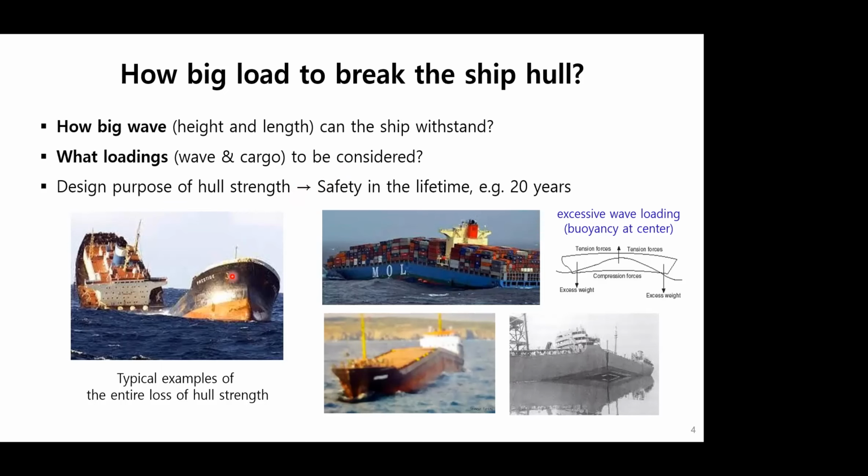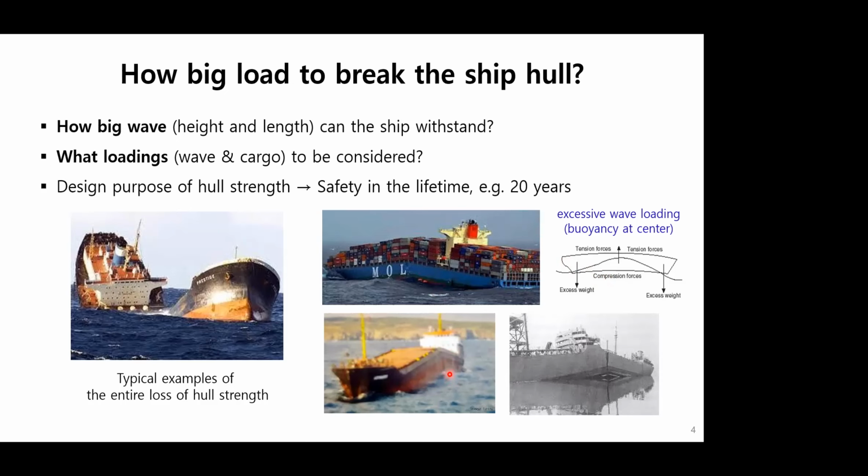Here are some typical examples of photos showing the entire loss of hull strength, probably as a result of undergoing excessive wave loading. There must have been a big vertical buoyancy force at the center part. There seems to be fatal breakage by bending in the middle of the hull.